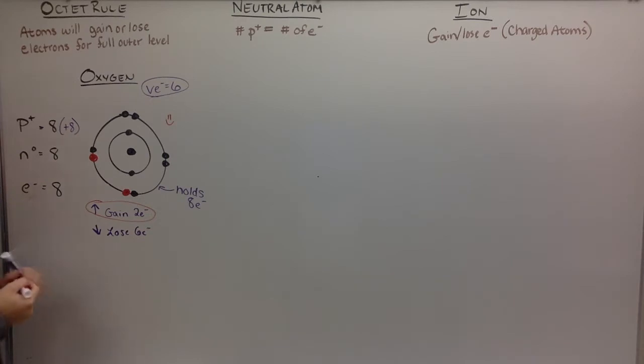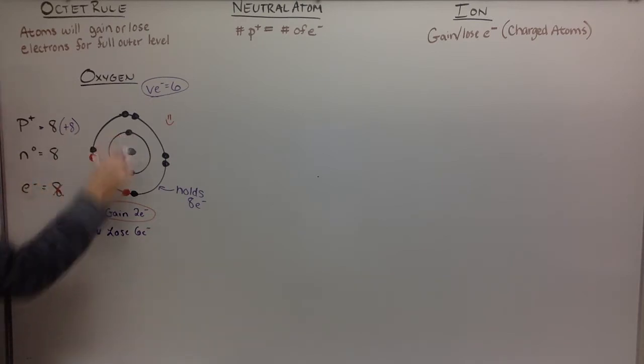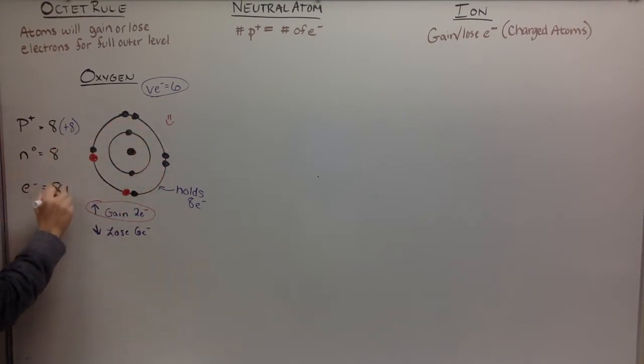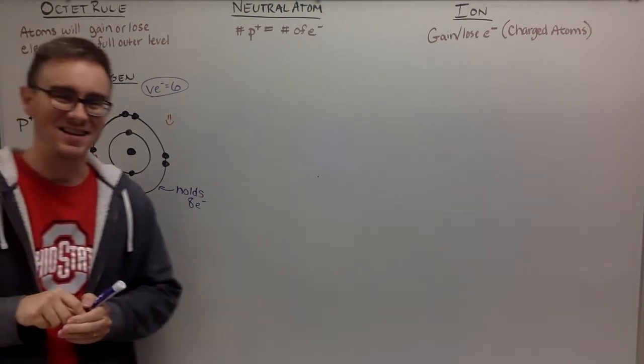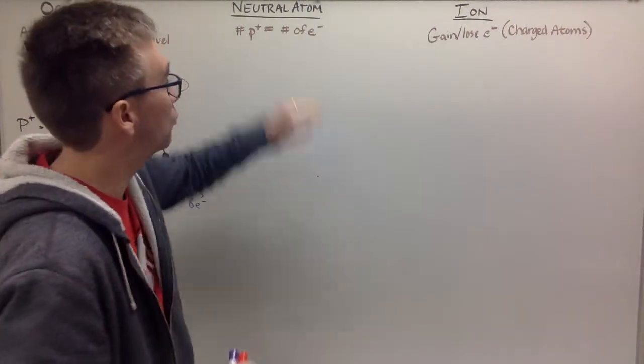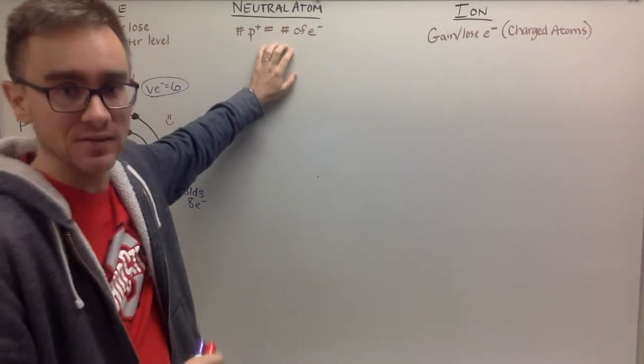All right. I like to do this using a little bit of math. I changed this. I now have 1, 2, 3, 4, 5, 6, 7, 8, 9, 10 electrons. Electrons are negative. So this is almost like a negative 10. Positive 8 and negative 10 together makes negative 2. It is no longer neutral. It's no longer balanced out.